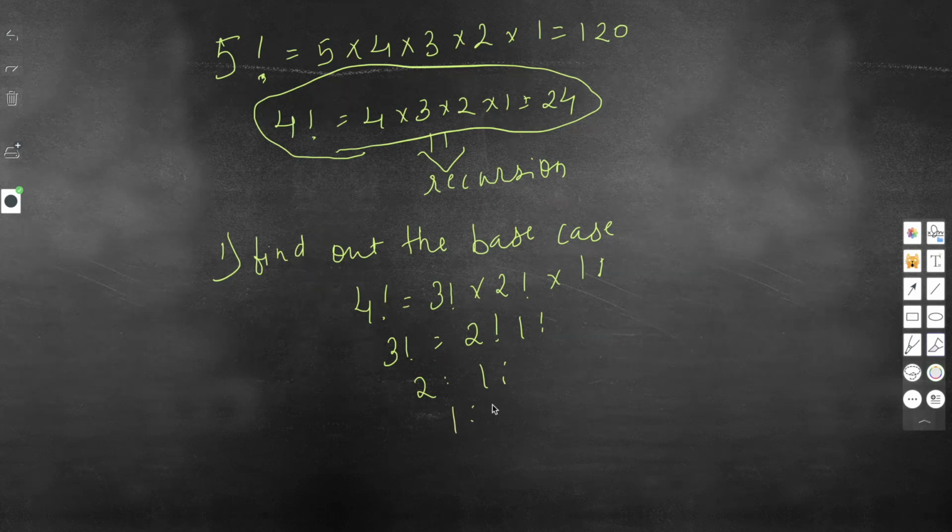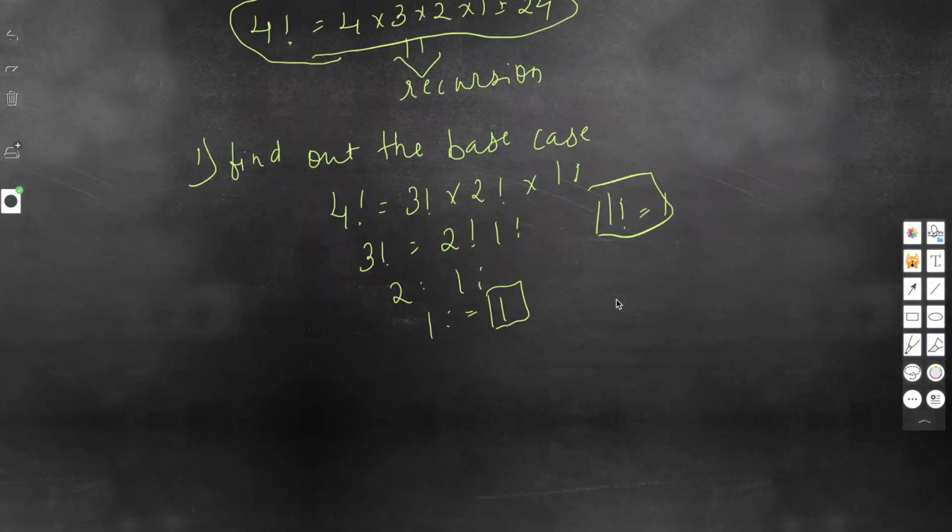And for 1 factorial, the answer is 1. We know this is the smallest problem that exists in my whole problem, because for 1 factorial the answer is always going to be 1. So we have found the base case.